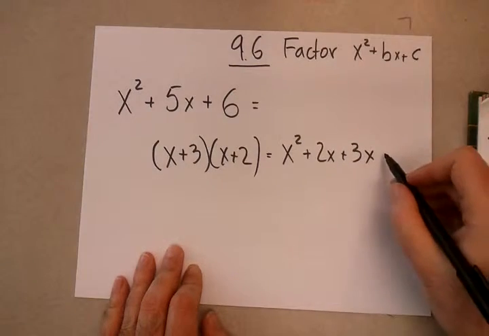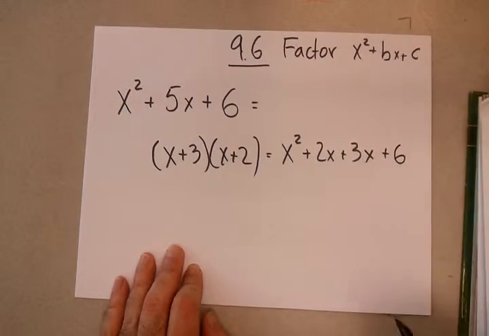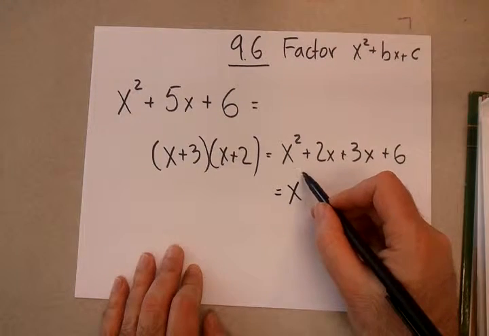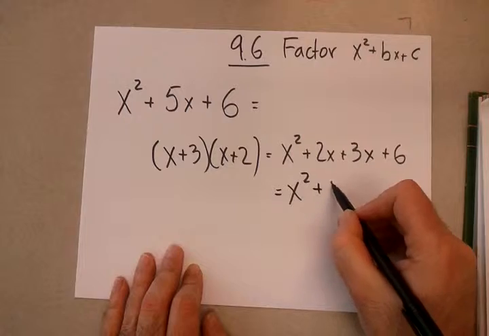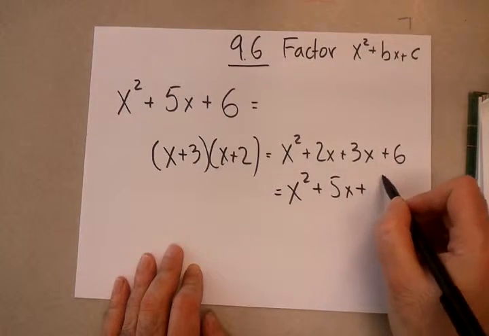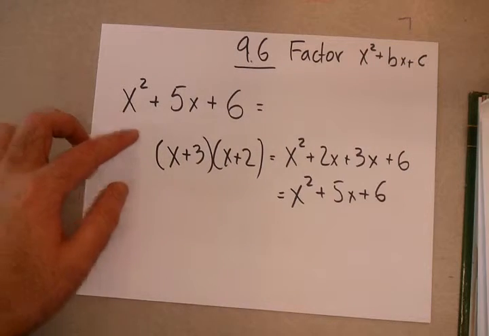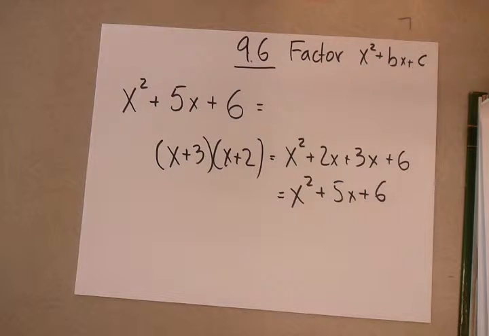And then 3 times 2 is 6. Let me simplify here, and I get x squared plus 5x plus 6. So this can very well be an answer to a binomial multiplication problem. Now, why am I showing you this when we're talking about factoring? That's going to make sense in just a second.